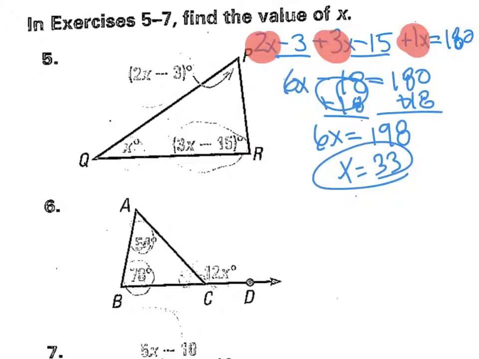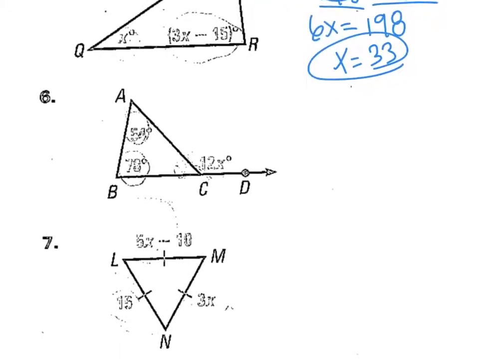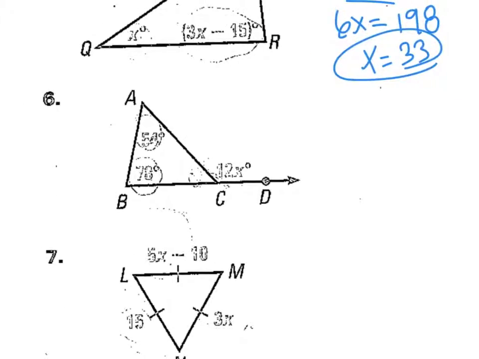Always remember though, when we're dealing with triangles, the interior angles always add up to 180, which is a little contrary to number 6, okay, because this angle here, he's 12x, he is equal to adding these two together. So if you want to set up an equation, you're going to say, okay, well 12x equals the 78 plus the 54.